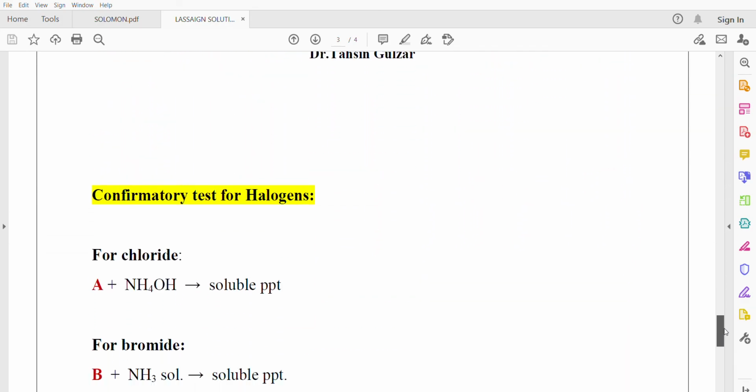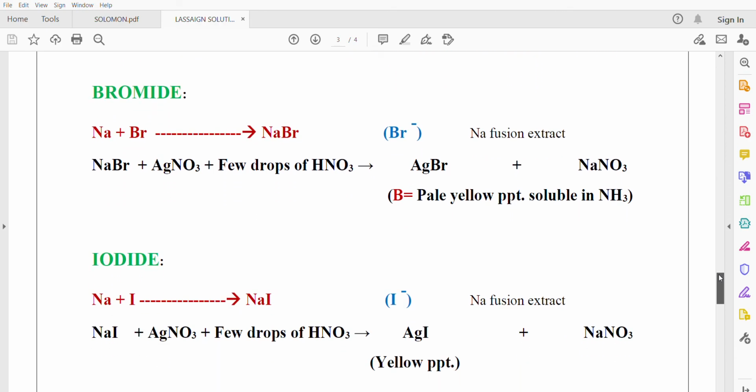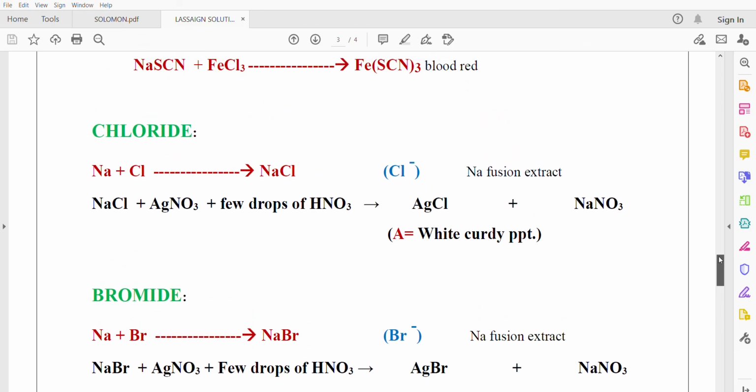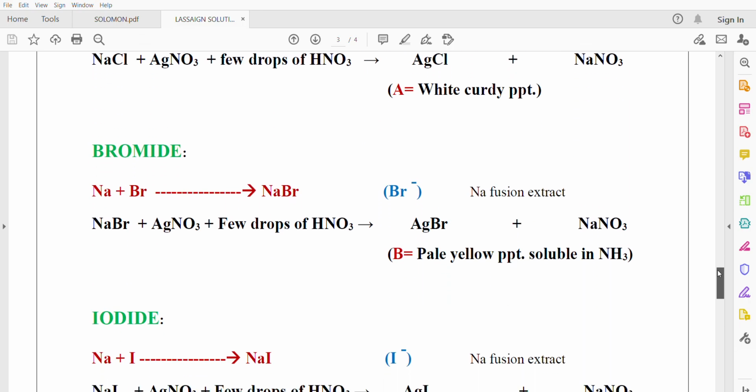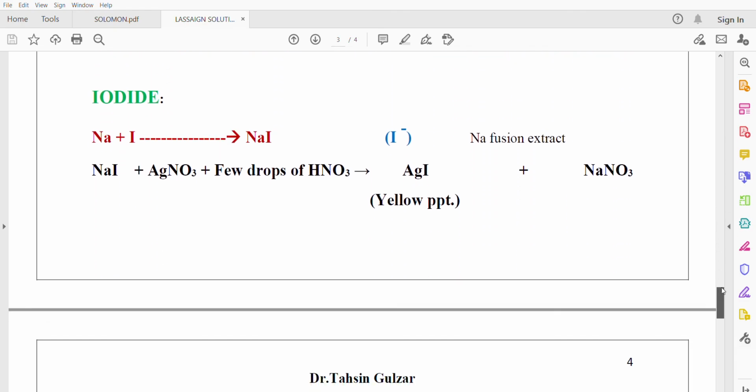And for these three PPTs, curdy PPT, you have to take silver nitrate for these three. If you get a white curd like precipitate, so easy, chloride is present. Here discrimination is difficult, pale yellow or yellow, so it is easy. These are soluble in ammonia.